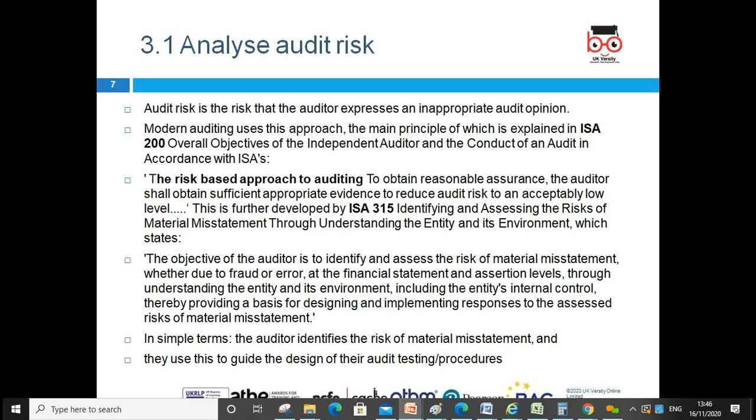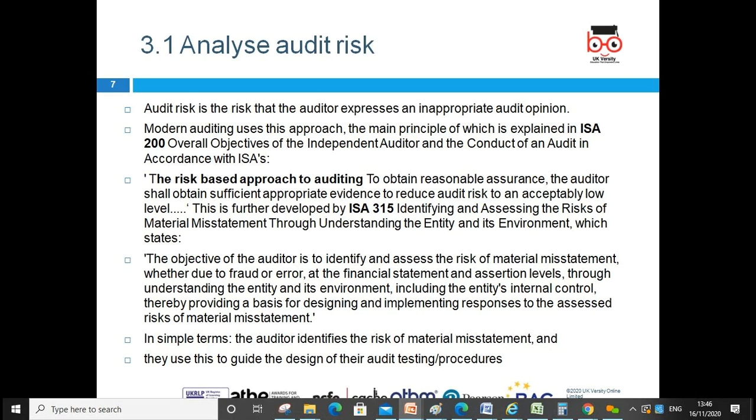Nowadays we use a risk-based approach to obtain reasonable assurance. The auditor does not rely on management but confirms from third-party evidence, obtaining appropriate evidence to reduce the audit risk.